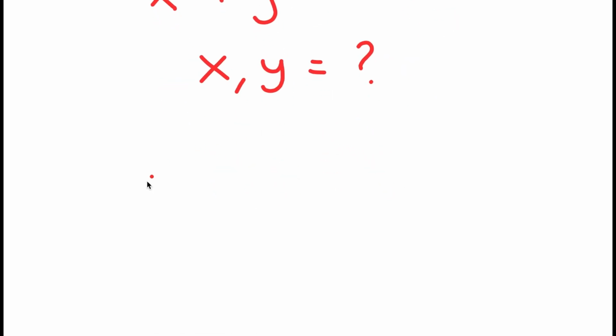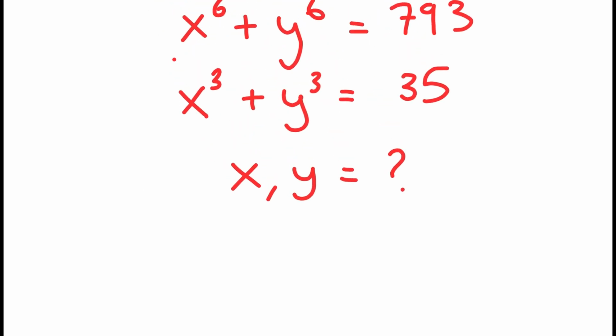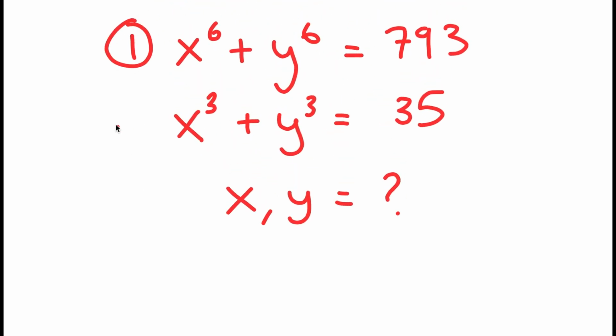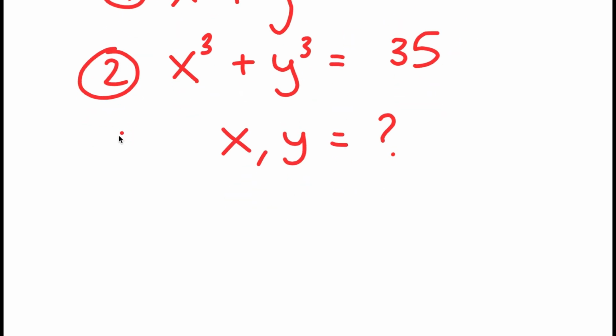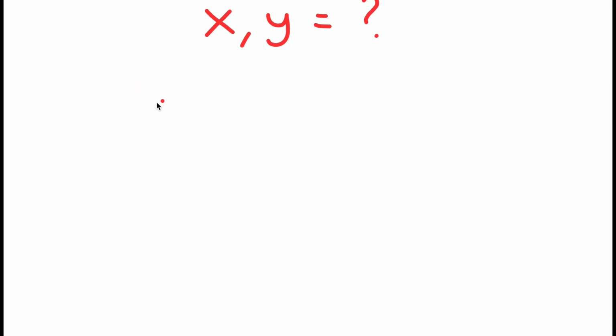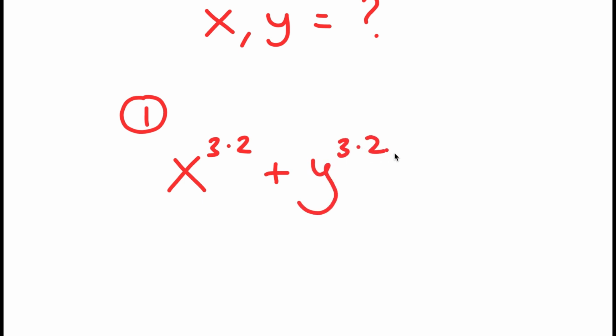To start off, let me label these. I'm going to label this as equation 1, and this is equation 2. I'm going to start with equation 1 and rewrite it as x to the power of 3 times 2 plus y to the power of 3 times 2 is equal to 793.